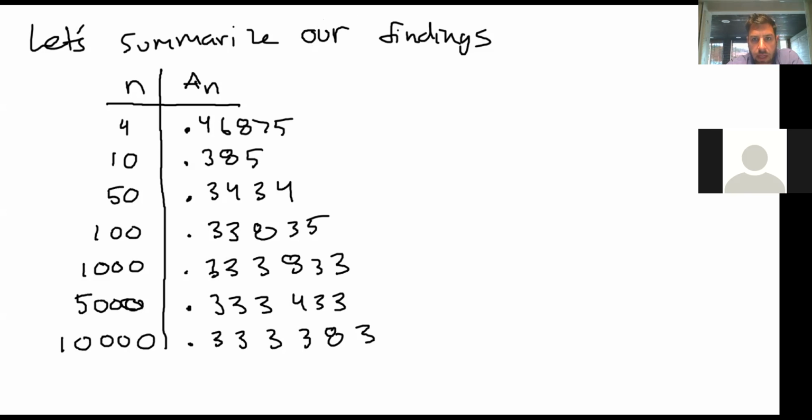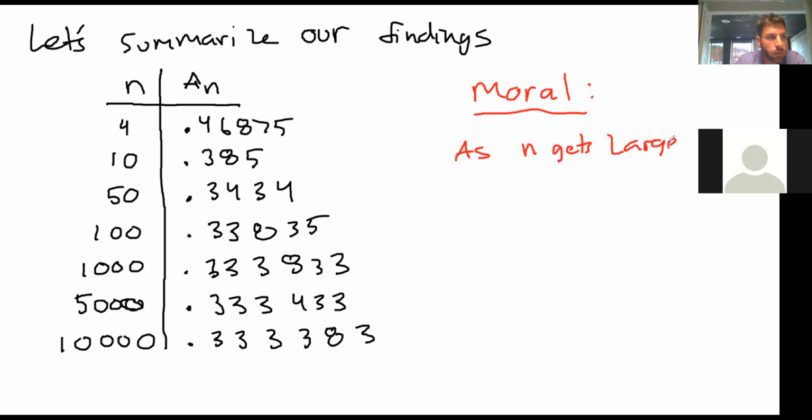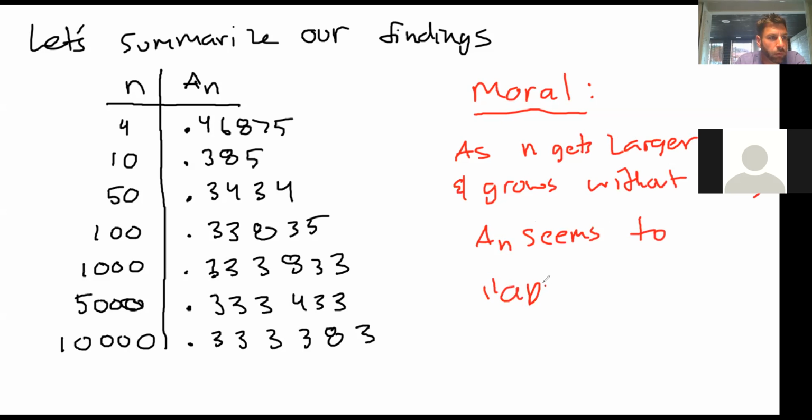So what is this table suggesting? Well, if I read down the left-hand column, as n gets larger and larger and grows without bound, a sub n seems to, what we would say, approach one-third.